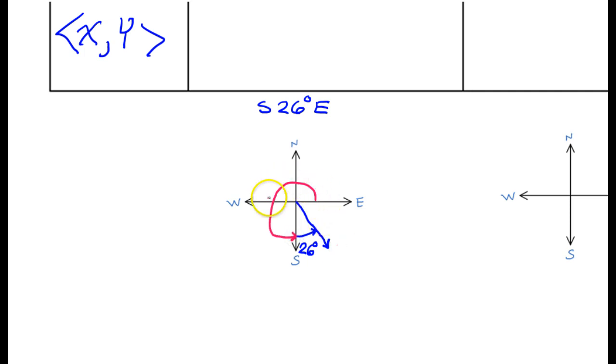So hopefully you can see that what I've drawn so far is 270 degrees. So the full angle is going to be 270 degrees plus the extra 26 degrees. So that's the direction. The theta is 270 plus the 26. So theta is going to equal 296 degrees. That's the direction that we need.